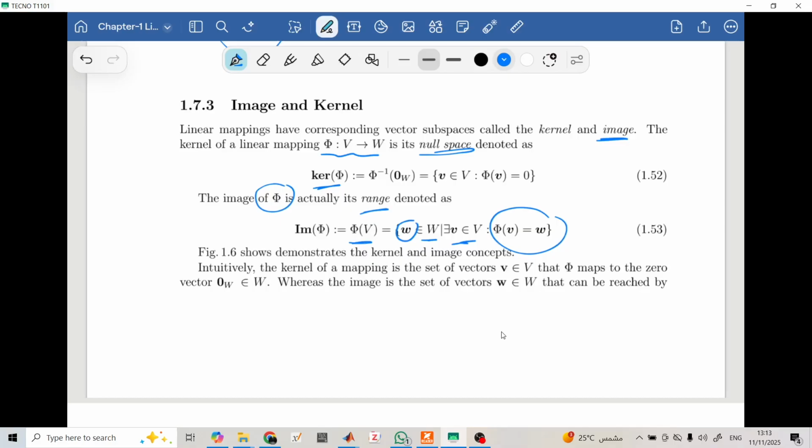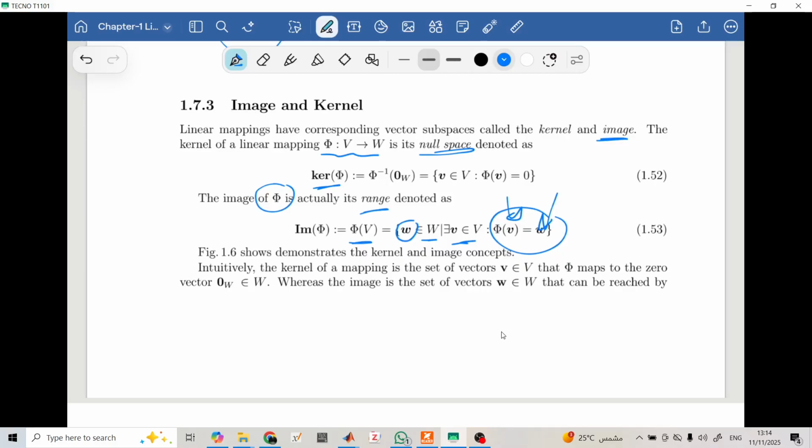I take any vector v, small v, in the set V, and it will be mapped to a vector w in set capital W. So again the range is the output of the mapping. In contrast, the kernel is the input of the mapping.